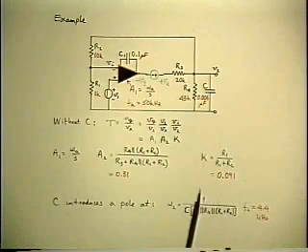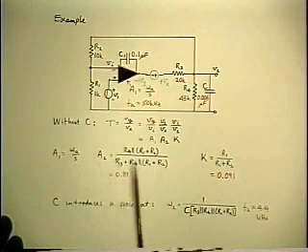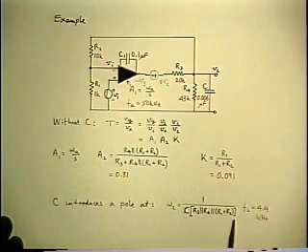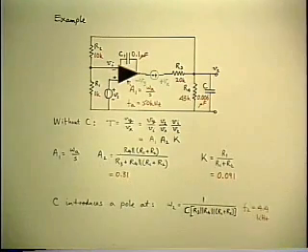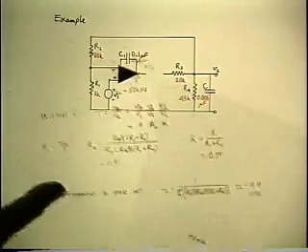Okay, now we've got the result. You multiply these three factors together, and then you put in the pole factor that we've determined separately, and this is the result.